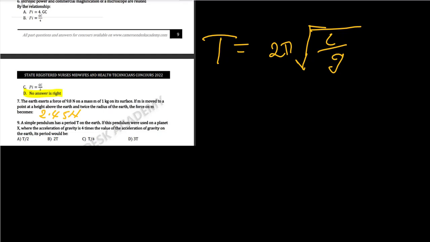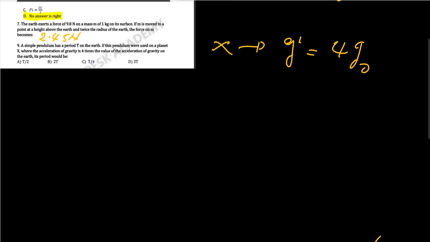Let's call this period t naught. The length of the pendulum remains unchanged. So if the gravitational field strength on Earth is g naught, and we go to a certain planet X where the gravitational field strength g prime is 4 times the value of the acceleration due to gravity on Earth, so it is 4 times g naught, I'm going to replace in order for us to get a period t prime.